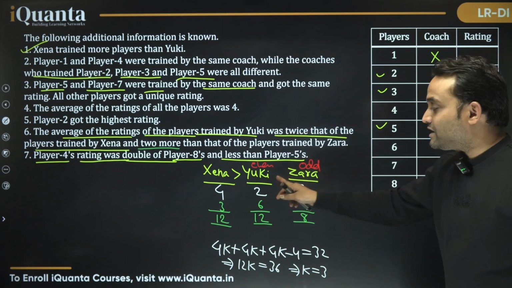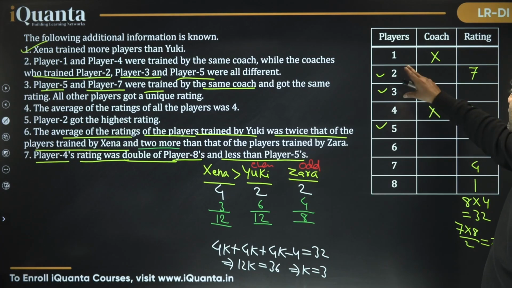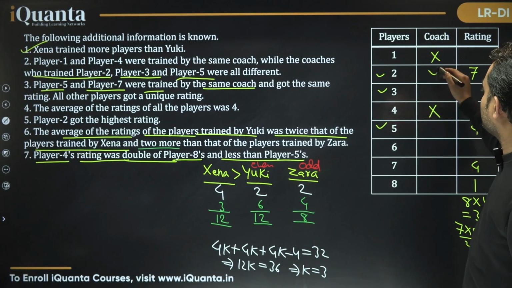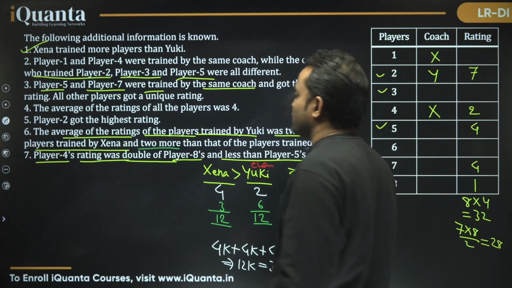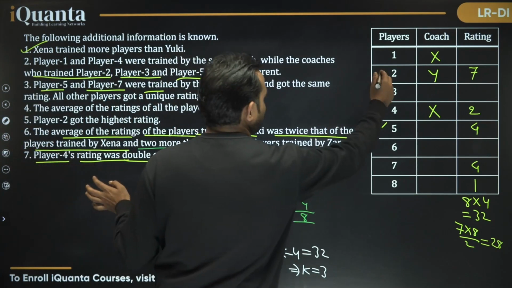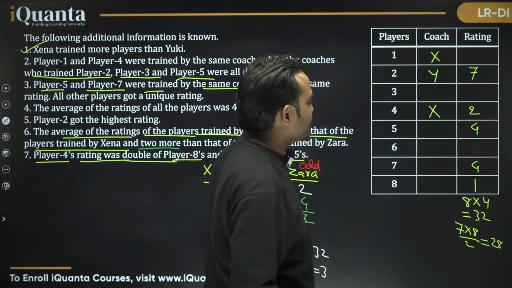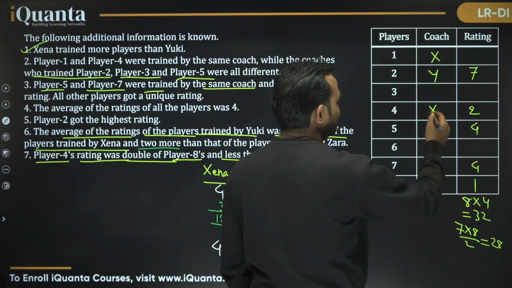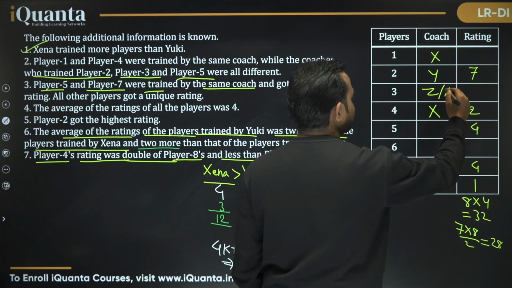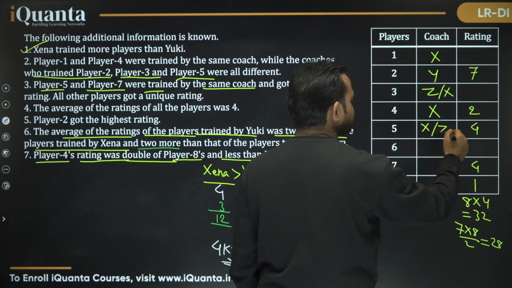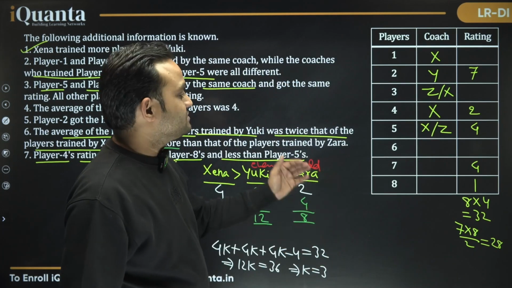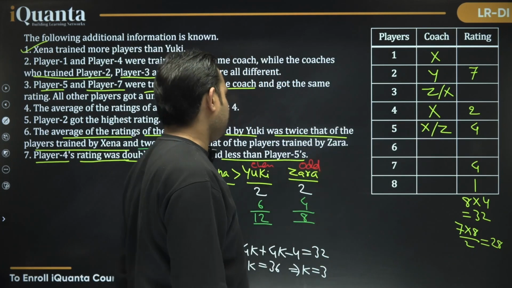And all three are different, means player 2 is coached by Yuki, right? Now, what can we say about 3 and 5? They can be coached by Z or X, Zina or Zara.